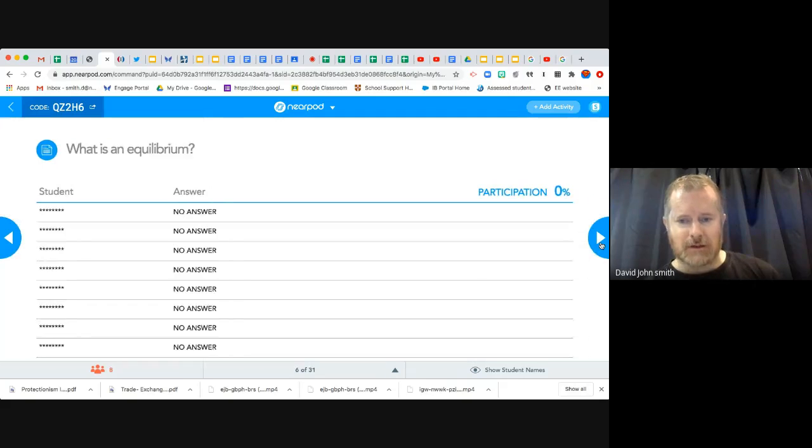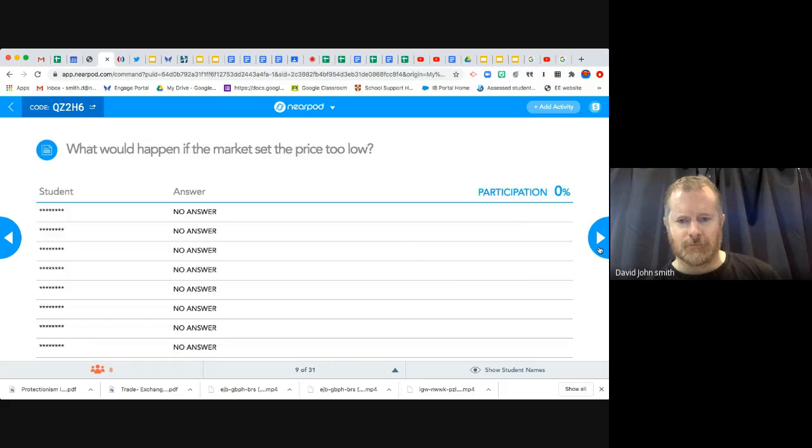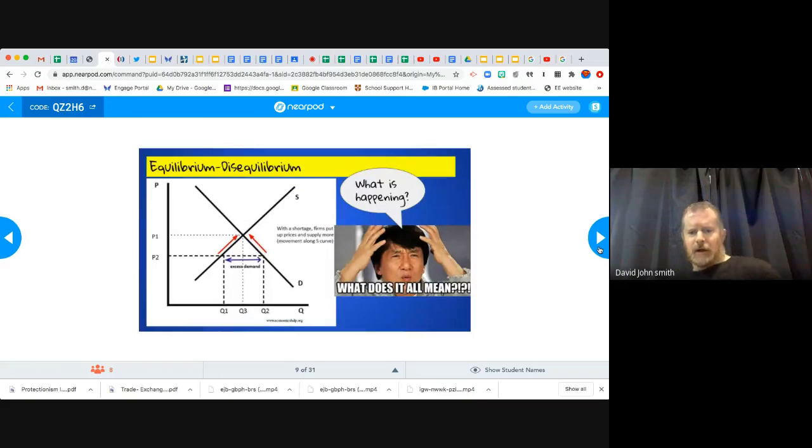Okay, so what it looks like is this. This is an idea of how the market moves to an equilibrium. So if for some sort of weird situation, we found that the price was too low in the market. So the price was set too low. For some reason, it's down here.